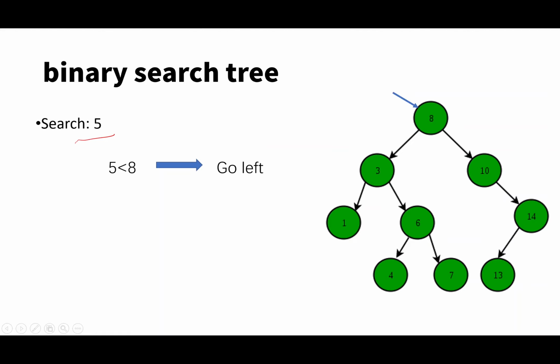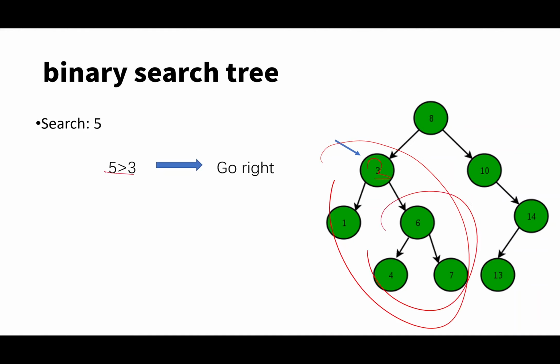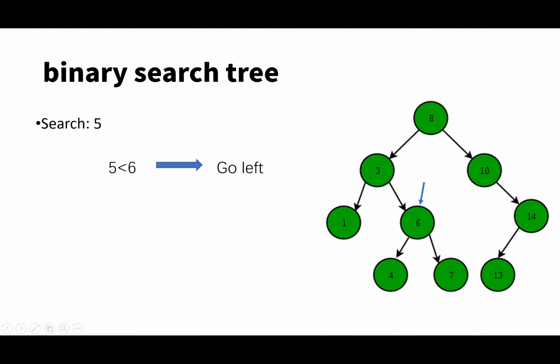If we search for 5, it is smaller than 8, so we search in the left tree. 5 is larger than 3, so we search in its right tree. 5 is smaller than 6, so we search in the left tree of 6. 5 is larger than 4, so we search in the right tree of 4, but the right tree is empty, so we do not find the number 5.